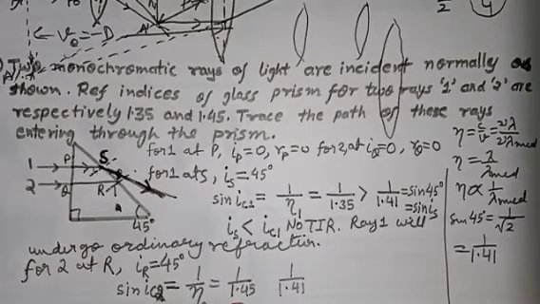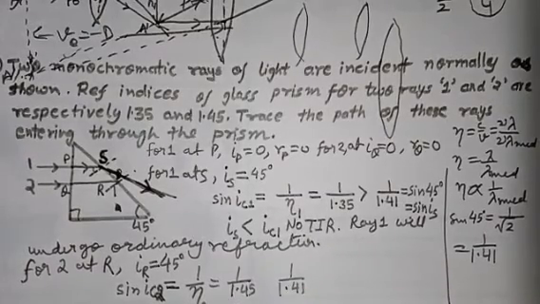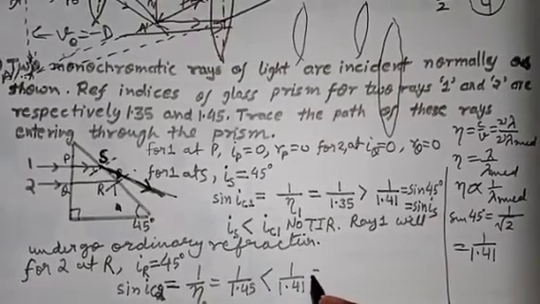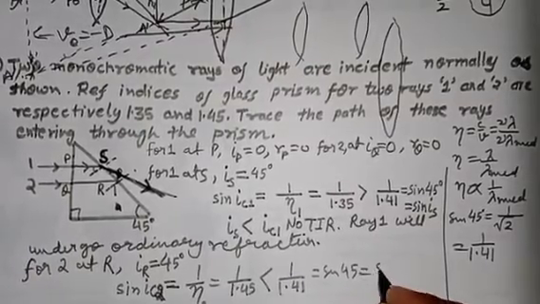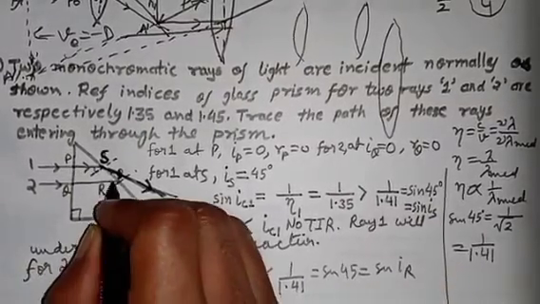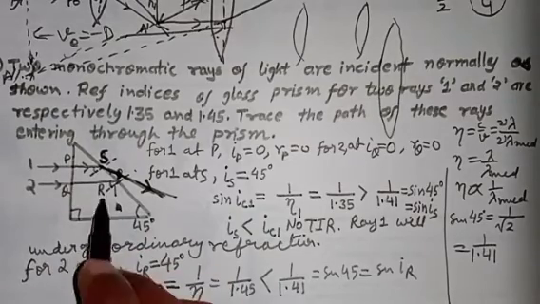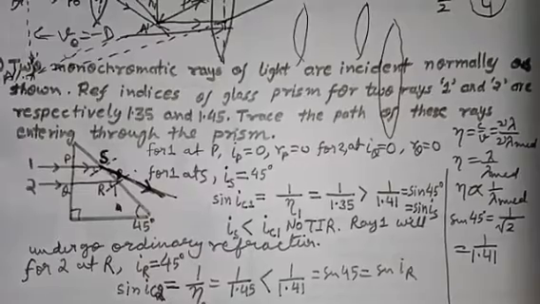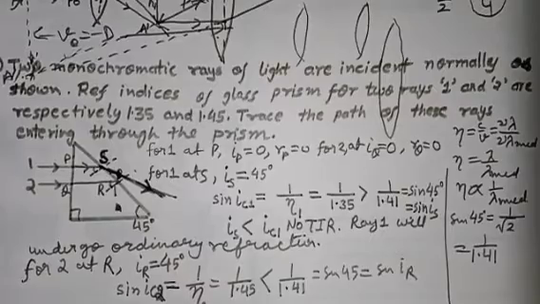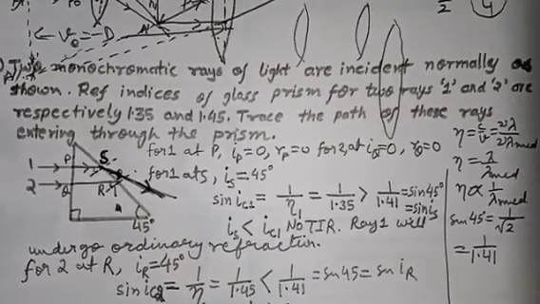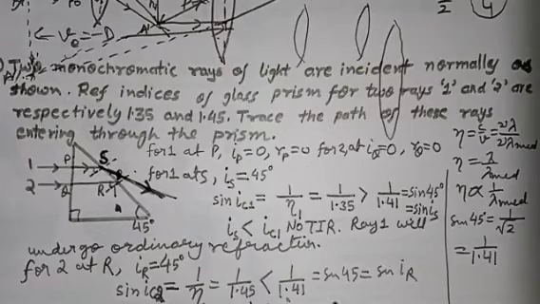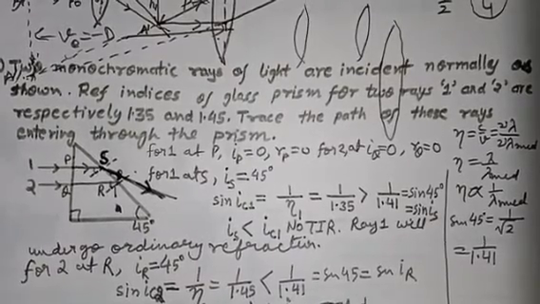This time the denominator is bigger, so the overall fraction is greater, which is equal to sin 45, which is sin IR. This angle is I for the R position. This implies that IC2 is less than IR, or IR is greater than IC2. So the incident angle is greater than the critical angle. So TIR takes place.